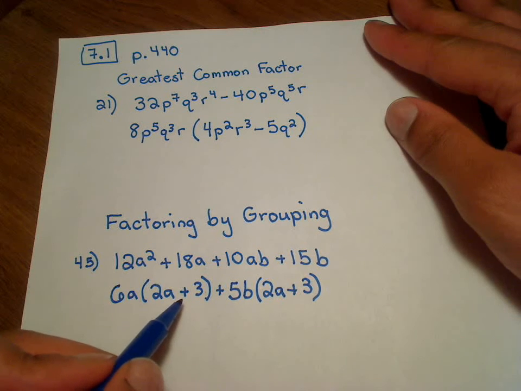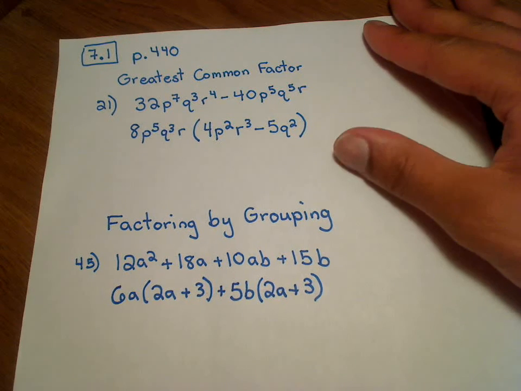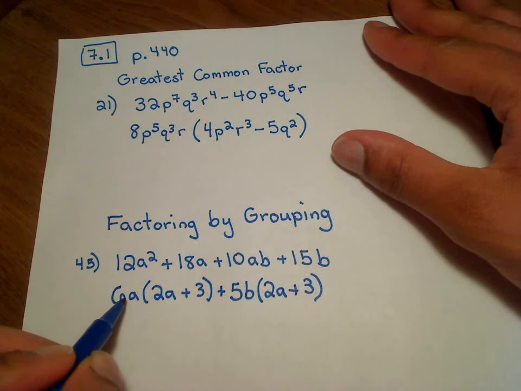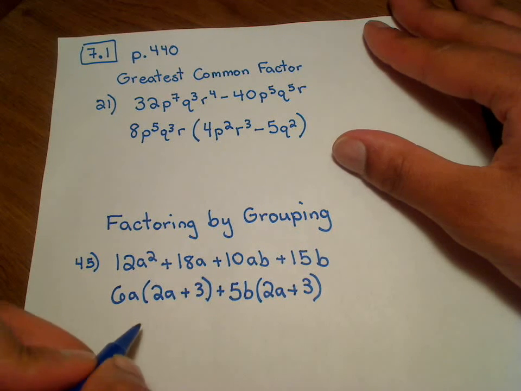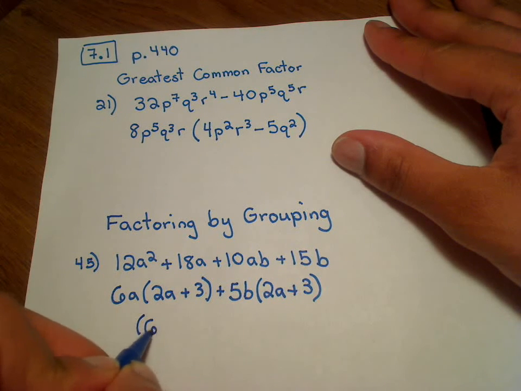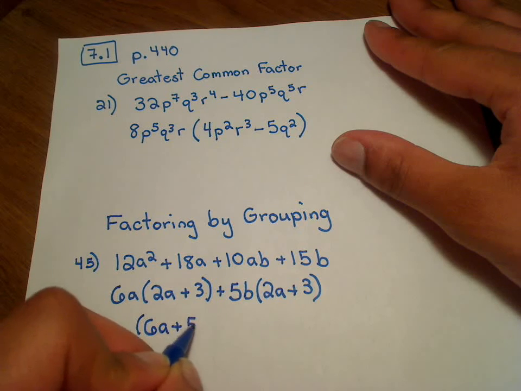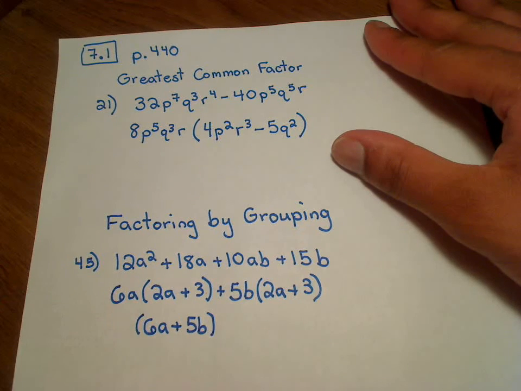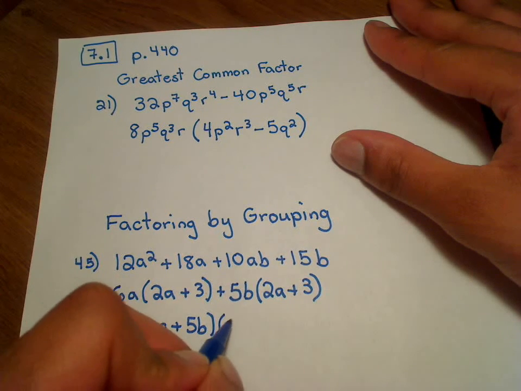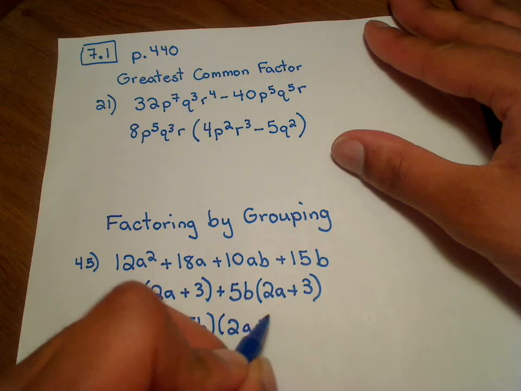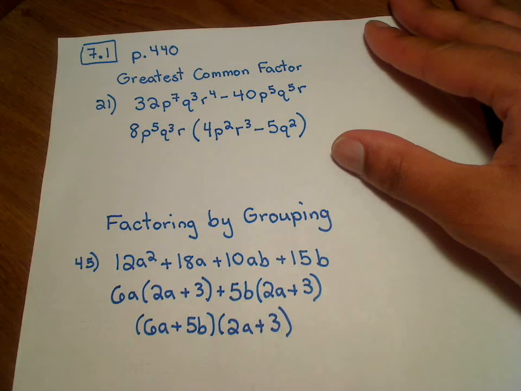That's my clue telling me that what I've done is the right step. So now I'm going to combine 6a and 5b together. And I'm only going to take one of these because they're the same. And there's my factored problem.